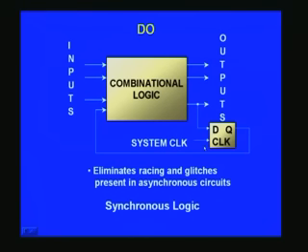So this is the price that you have to pay for breaking that combinational logic, but this will result in a system which will work on the IC, whereas the previous one will not work on the IC. Instantly it eliminates racing as well as glitches, which are normally present in asynchronous circuits, some of which we will see later on. And this is the basic building block for synchronous logic.